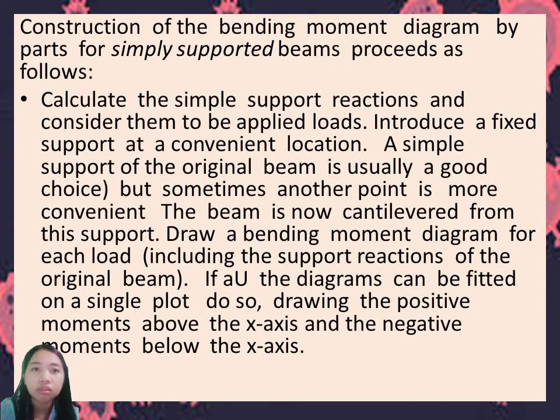The beam is now cantilevered from this support. Draw a bending moment diagram for each load, including the support reactions of the original beam. If the diagrams can be fit on a single plot, do so, drawing the positive moments above the x-axis and the negative moments below the x-axis.